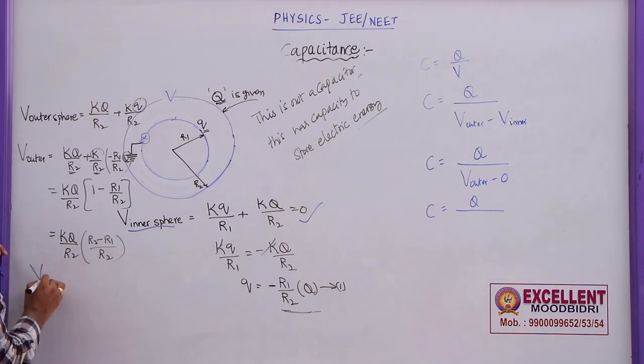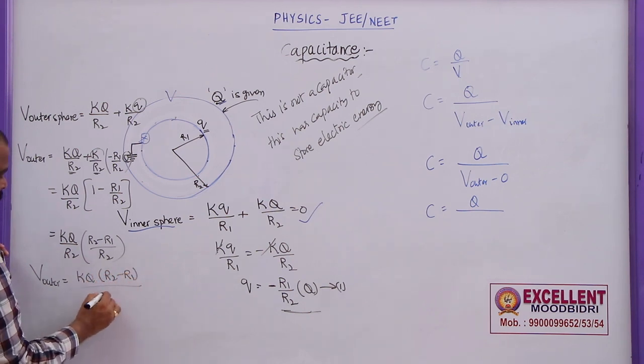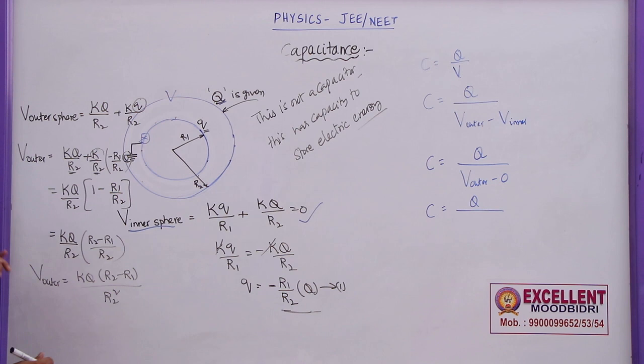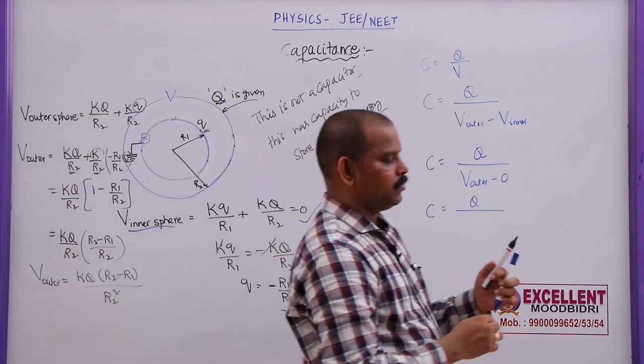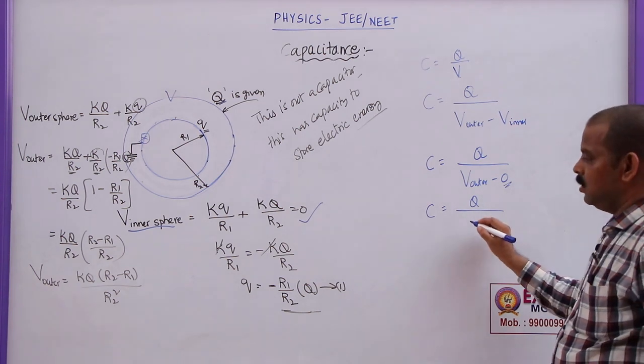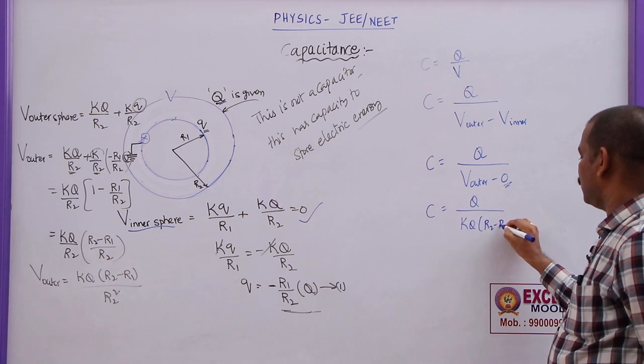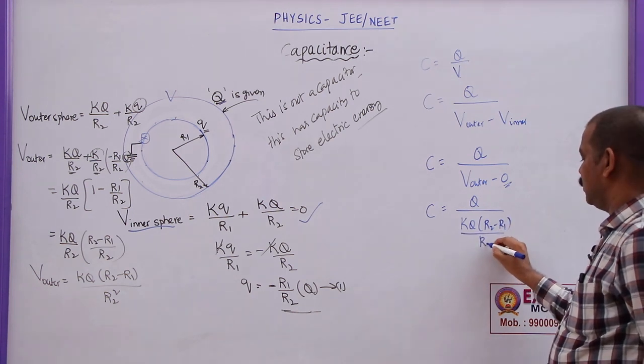So the potential on the outer surface is given by kQ, the difference between the radii, by the square of the outer radius. Directly I am substituting that as the potential of the outer sphere, because the potential of the inner sphere is 0 here. So this will become kQ into r2 minus r1 by r2 square.